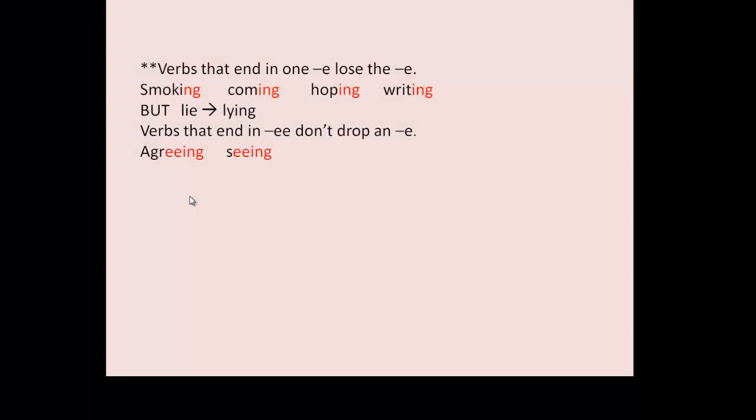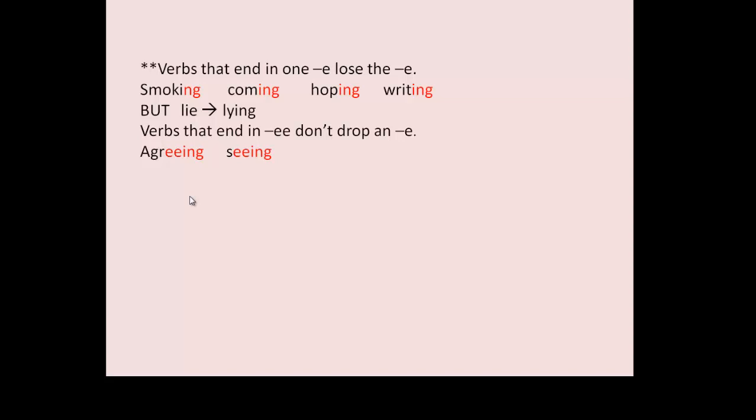But for verbs that end in one E, we have to omit, we have to delete the E at the end of the verb. Like smoke, smoking. Here the base word smoke ends with E, so we omit E: smoking. The verb come also ends with E, so we delete the E and add ing.